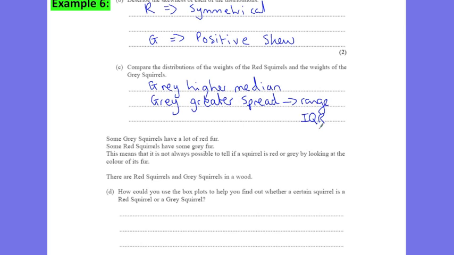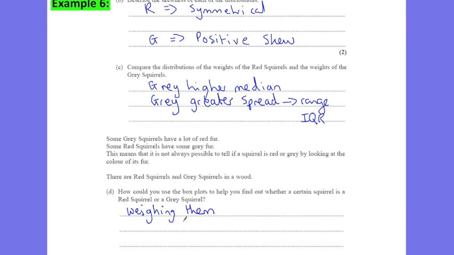So we're not sure because red squirrels have grey fur and grey squirrels have red fur. First off, we need to weigh them. This information that we have is all to do with the weights. If we knew the weight, then we would be able to work out, not with certainty, but with a degree of certainty, whether it is a red or a grey squirrel. So first step is weighing them.